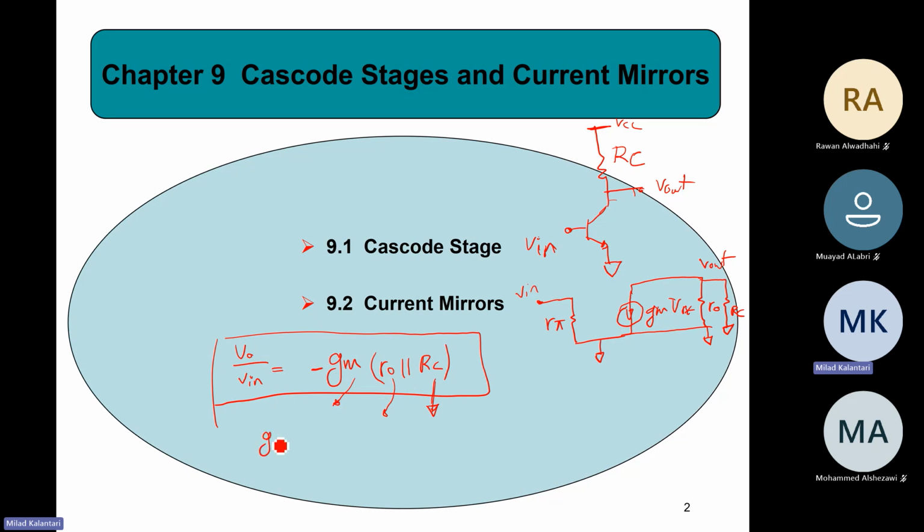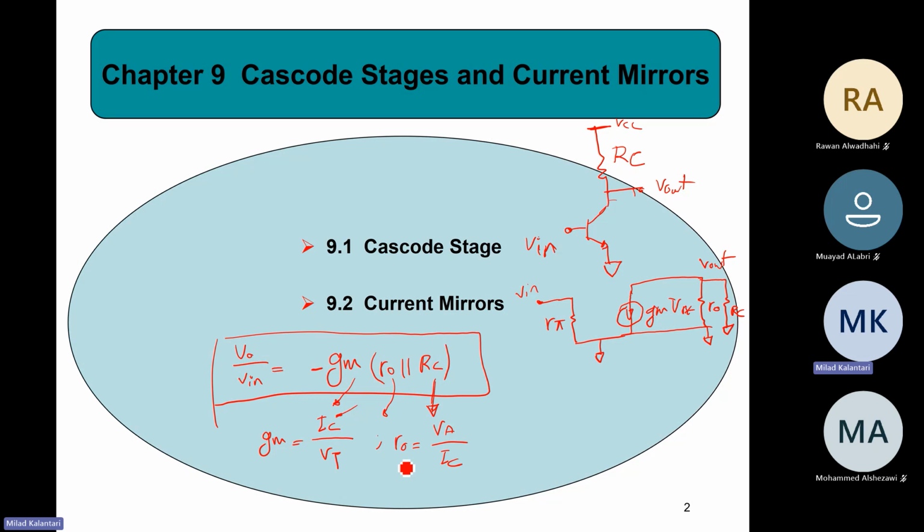So the GM is what? GM is depending on the bias, it is IC over VT for the BJT. The RO is the V early over the IC. So it means that if you want to increase the GM, you increase the current.